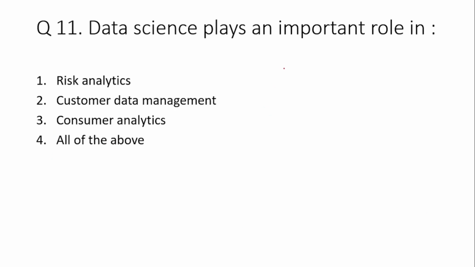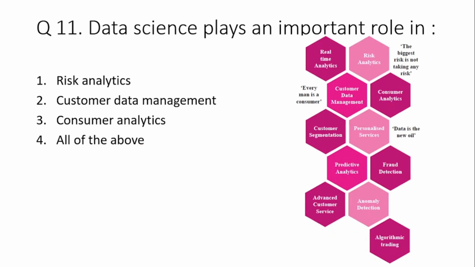Data science plays an important role in risk analytics, customer data management, consumer analytics, or all of the above. So in what all aspects is data science playing an important role? This figure will cover the entire structure. I have given a short form for that in the video that I've covered in detail.